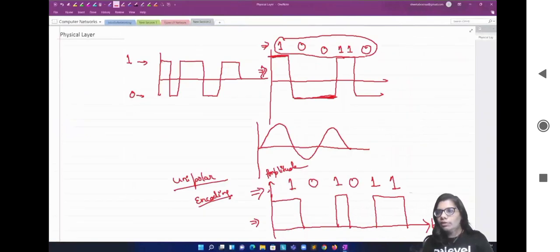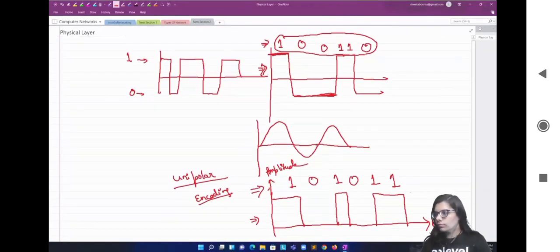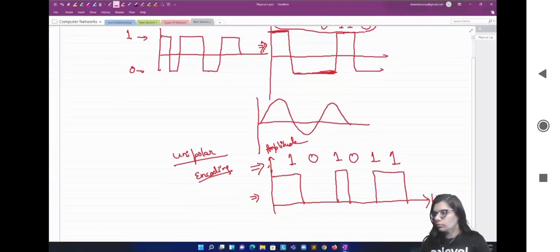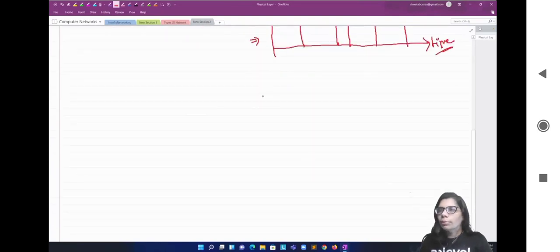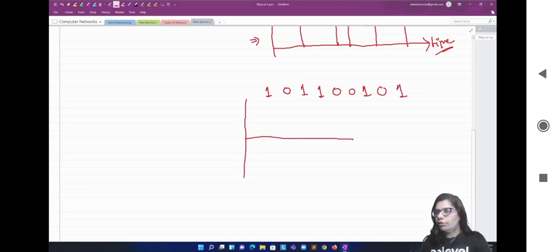So for example, if I have to draw, if we are representing the data 1011001001 in the form of bipolar encoding, then it would be represented as, here it is 1, this is 0.